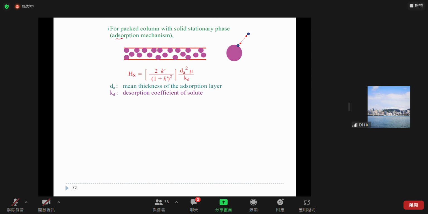If it's adsorption chromatography, the contribution from non-equilibrium mass transfer is related to the linear flow rate of the mobile phase, mu, the mean thickness of the adsorption layer, and the desorption coefficient of the solute.